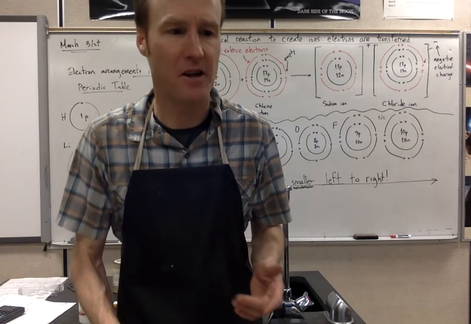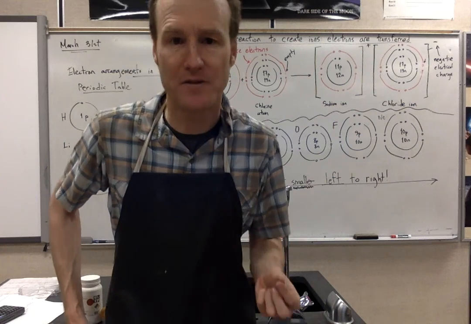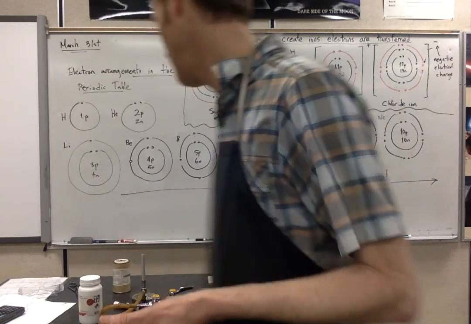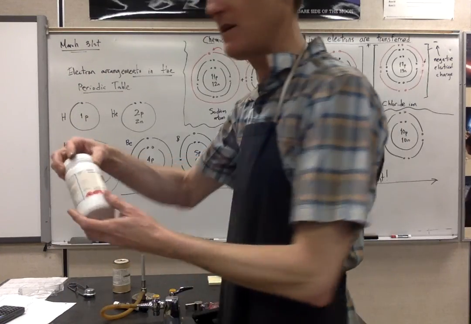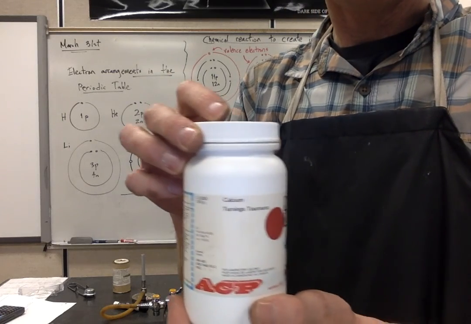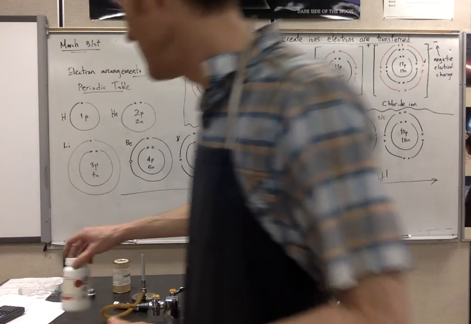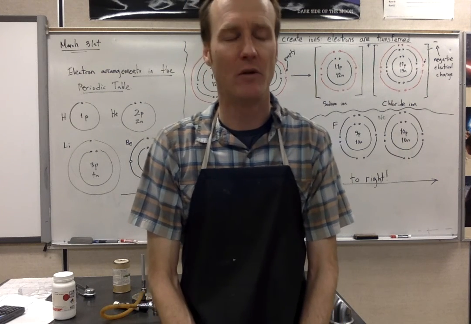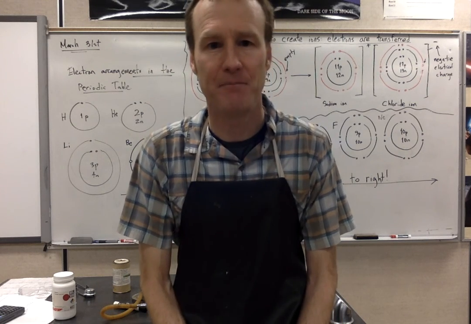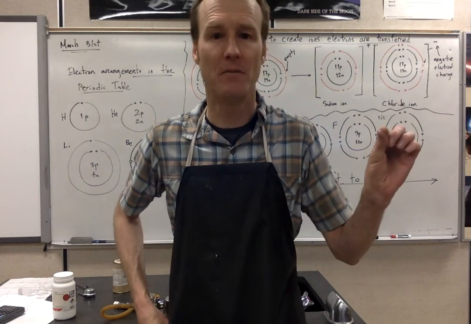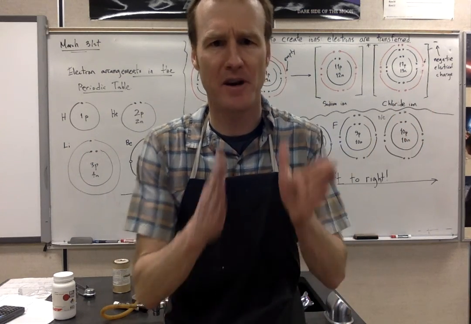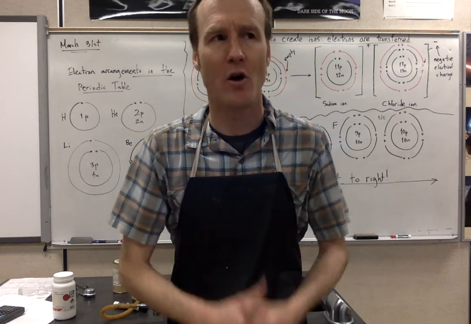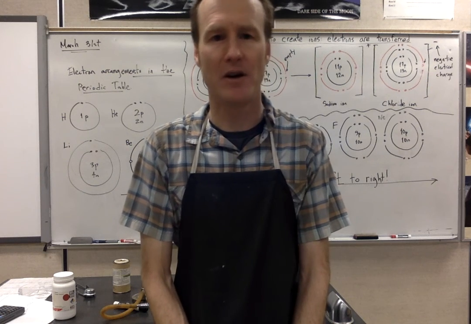The next reaction I thought I would show you involves a more reactive element. That is this stuff right here, calcium. You may remember from your periodic table, your Bohr diagram, that calcium is in the third row. You might also remember that it's a kind of element called an alkaline earth metal.